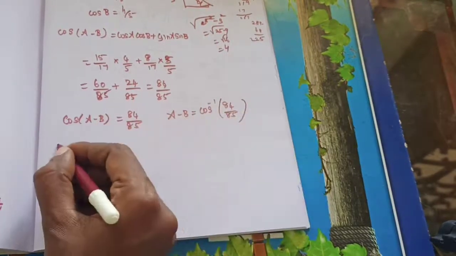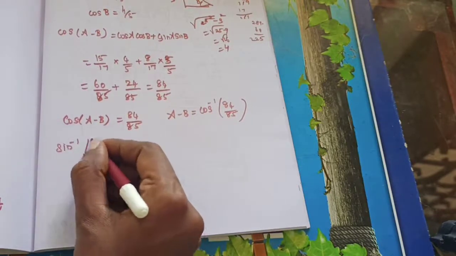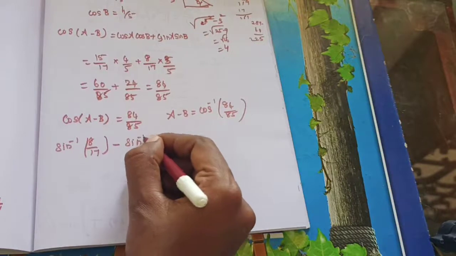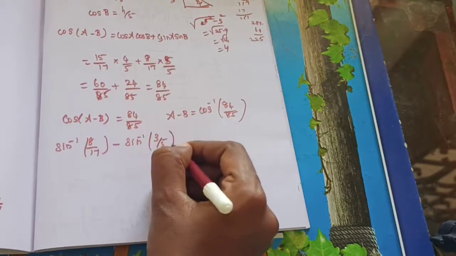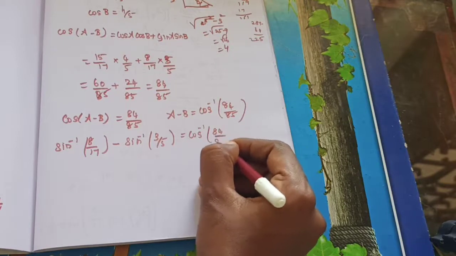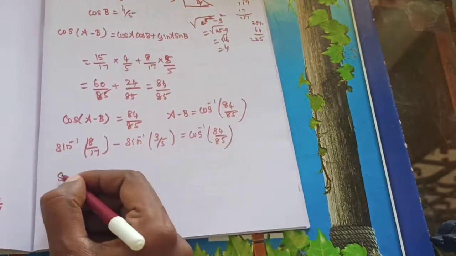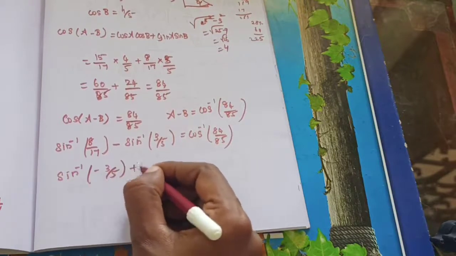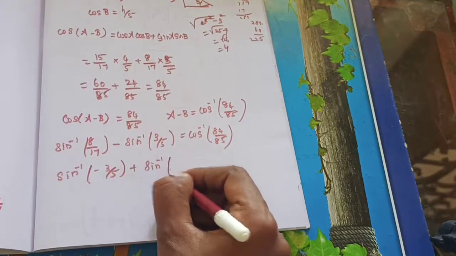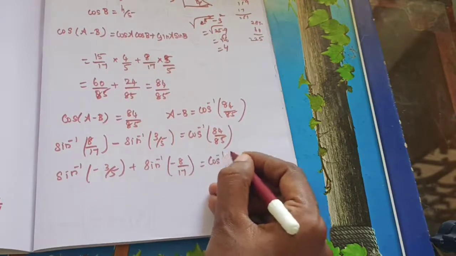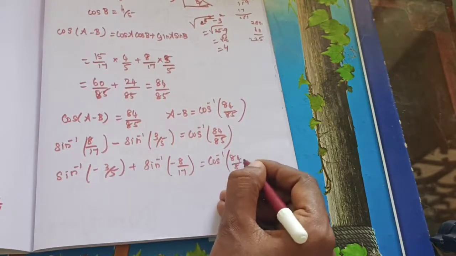Correct? Now, sine inverse of 8 by 17 minus sine inverse of 3 by 5, what's the value? Cos inverse of 84 by 85. Same as that, if you are reversing this, sine inverse of minus 3 by 5 plus sine inverse of minus 8 by 17, both also cos inverse of 84 by 85.